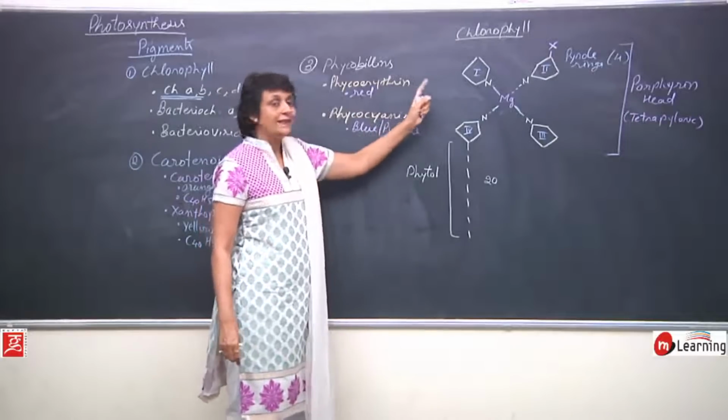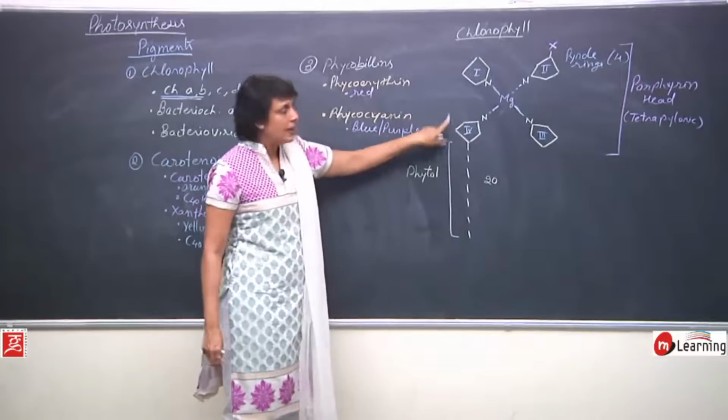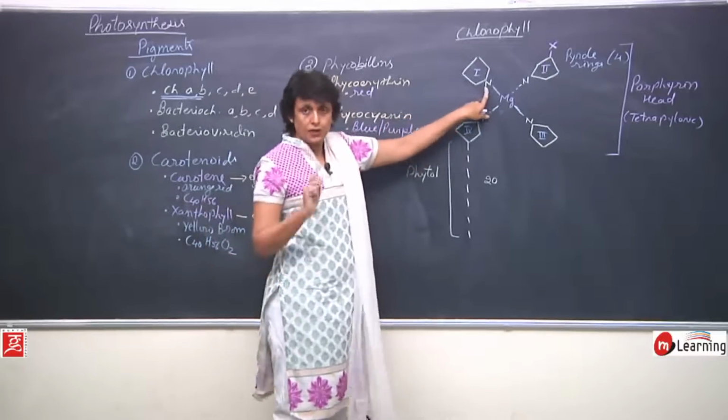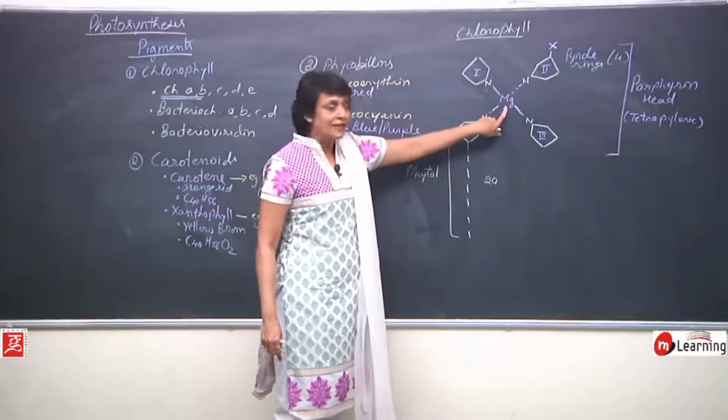4 rings make the head. Each individual ring is a pentamerous ring. Each ring has 1 nitrogen which is joined to magnesium.